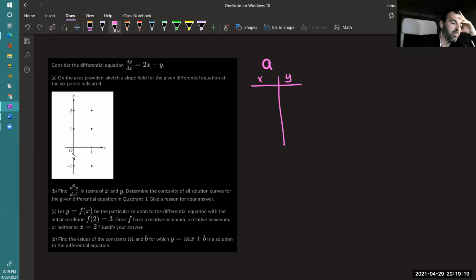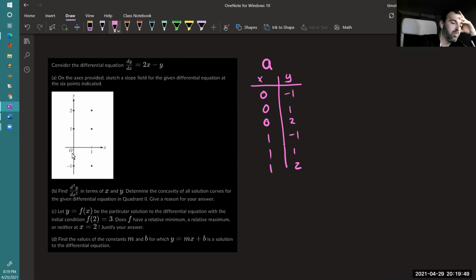I've got x coordinates of 0, 0, and 0, and x coordinates of 1, 1, and 1. And then they each have their corresponding y coordinates: 0, -1; 0, 1; 0, 2; and then 1, -1; 1, 1; and 1, 2 as well. So that's what we're looking at there.